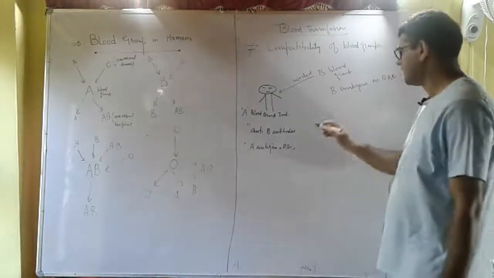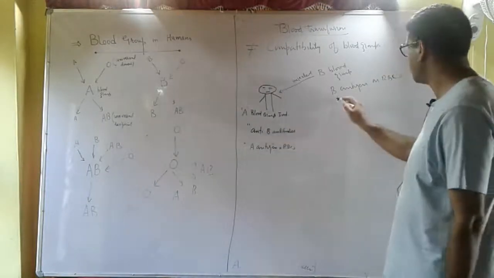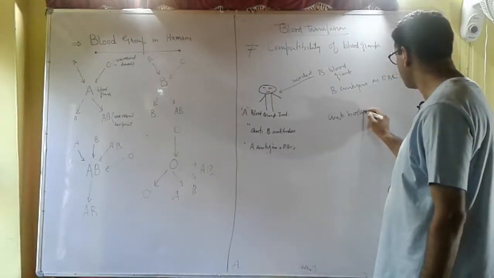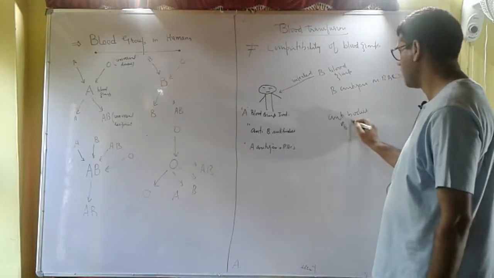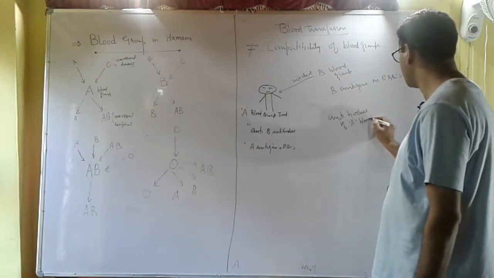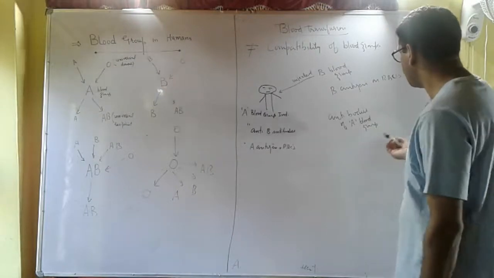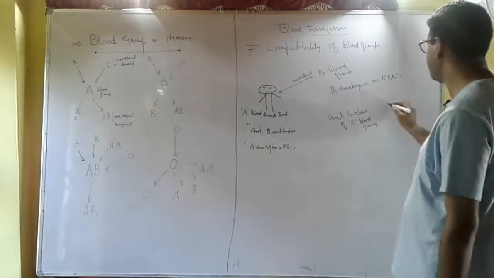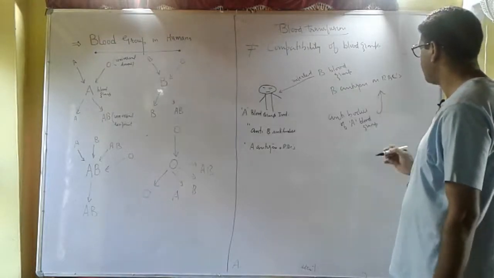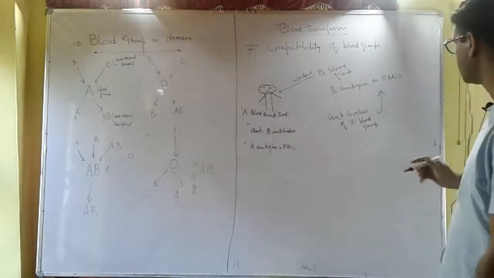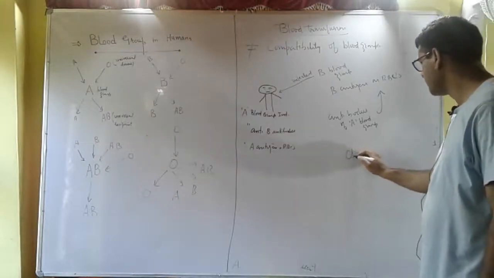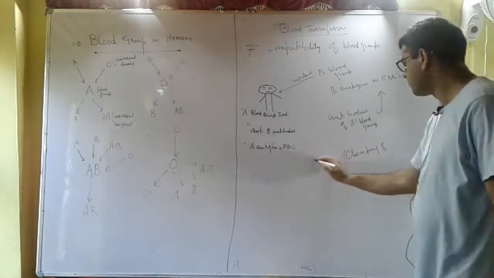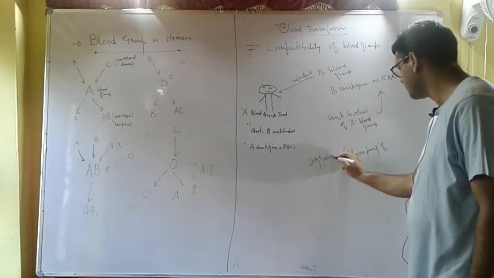So these anti-B antibodies of A blood group will react with these B antigens, and it will cause agglutination or clumping of the RBCs.